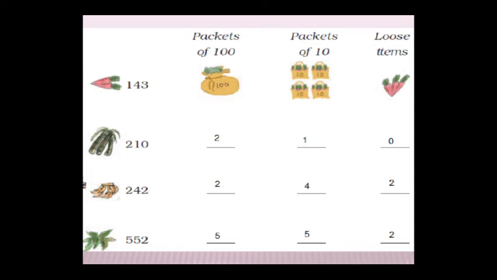So here also 2 packets of 100, 4 packets of 10, because 4 is in the tens place, and 2 loose items. 552. For 552, 5 packets of 100, 5 packets of 10, 2 loose items. I hope you understood.